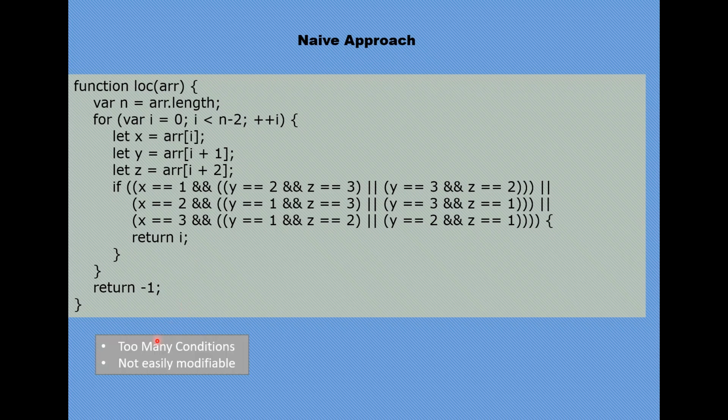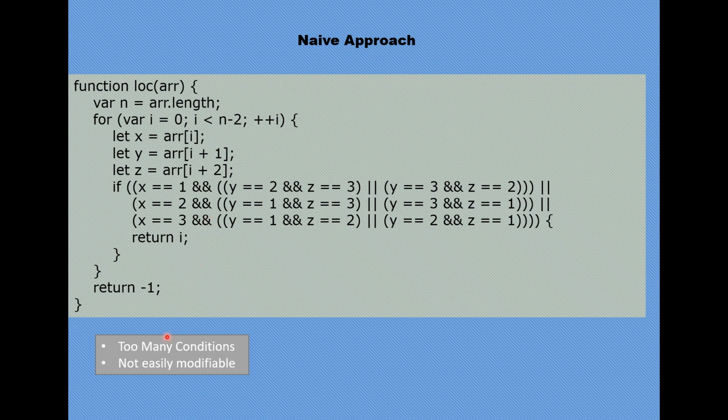The first is that there are too many conditions. If you try to test all these conditions, you will basically need all the combinations of 1, 2, 3 to be tested, and this is not good for the code coverage. Having so many conditions will increase the cyclomatic complexity of your program, and this is not good for your overall program.